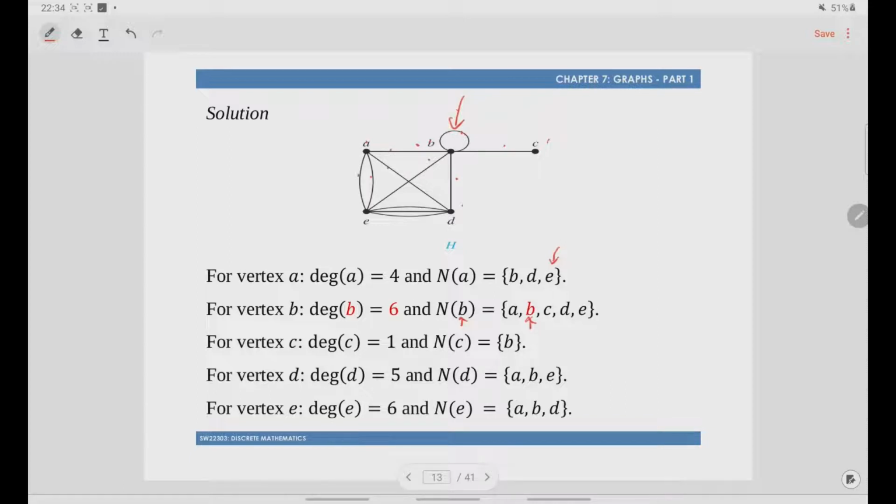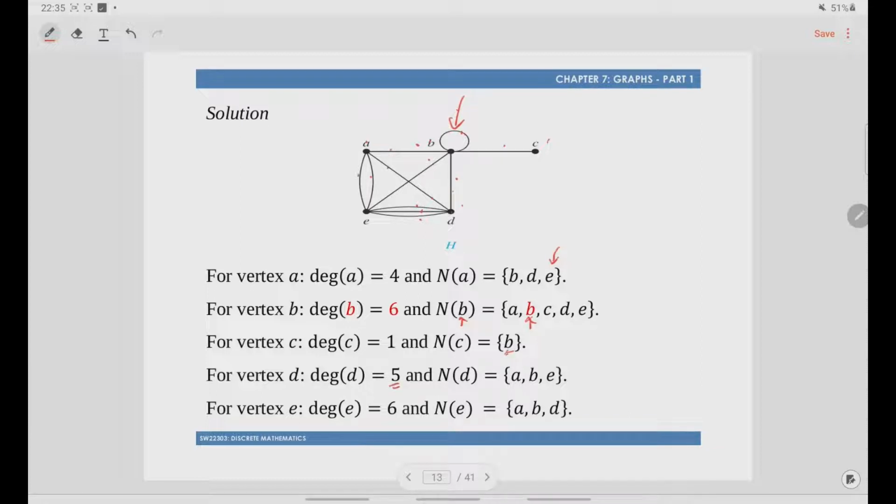For the vertex C, as you can see, it's very easy because there is only a single edge. So the degree of C equal to 1. There's a single vertex connected to it, which is B, so the neighborhood of C equal to B. For the vertex D, how many edges? 1, 2, 3, 4, and 5. 5 edges, so the answer is 5.